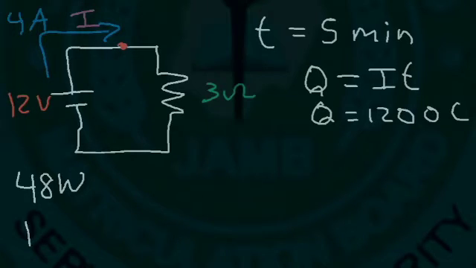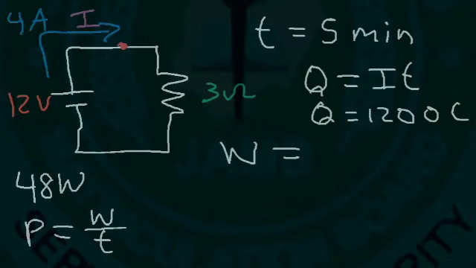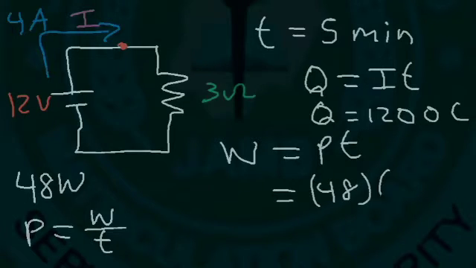Now we said that power is equal to work divided by time. If you rearrange the equation, you'll see that work, which represents the energy transferred or the energy delivered, is power multiplied by time. So the power is 48 watts and the time is 300 seconds, which equates to 5 minutes. So 48 times 300 is 14,400.